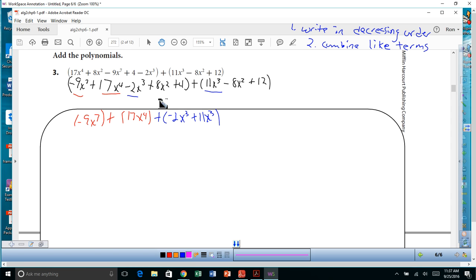And then let's take a look. You got 8x squared, oh, minus 8x squared. So those are going to cancel each other out.